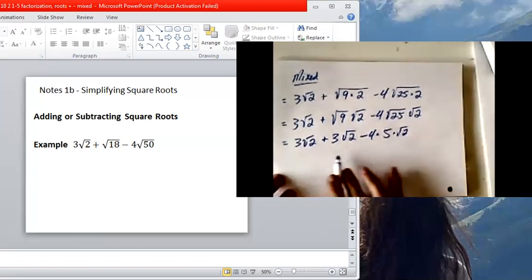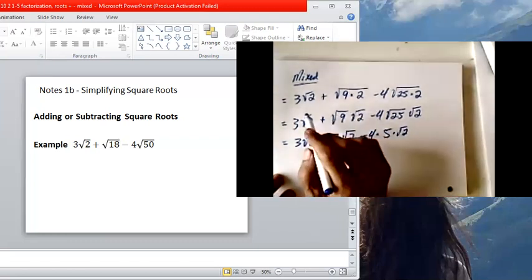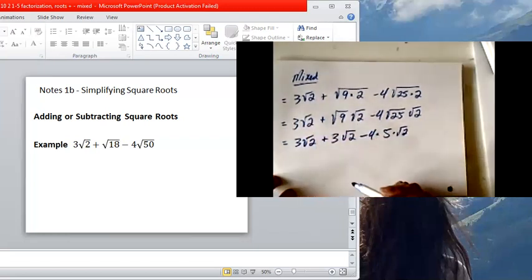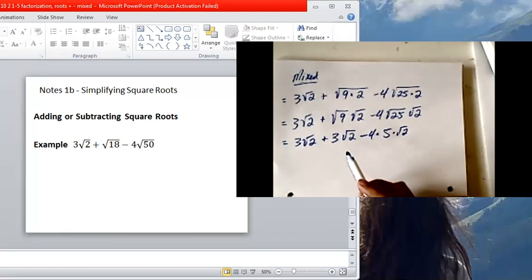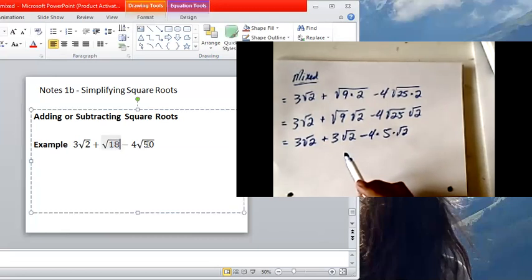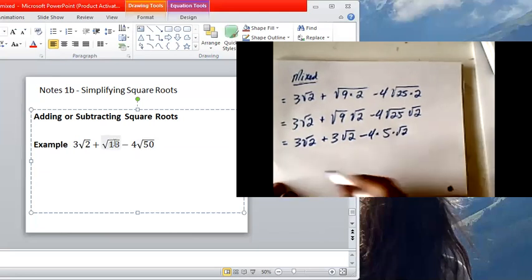So notice we got root 2's all over the place now. They were hidden in the beginning. Hidden inside of the 18. Hidden inside of the square root 50. Right? But from changing them to a mixed radical, we've found them out.